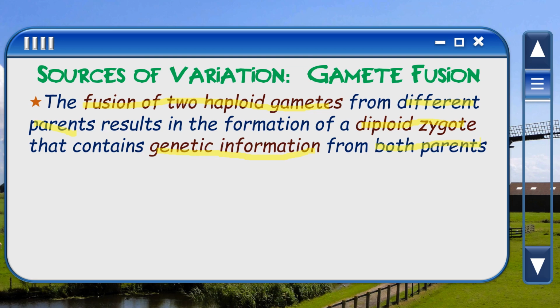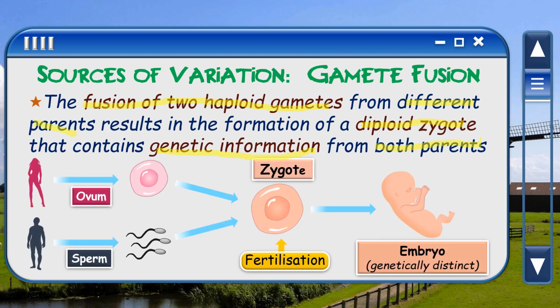Each parent brings a haploid gamete, half the number of chromosomes each, and they combine to form a diploid zygote. So that is going to bring about variation when there is fusion of gametes.